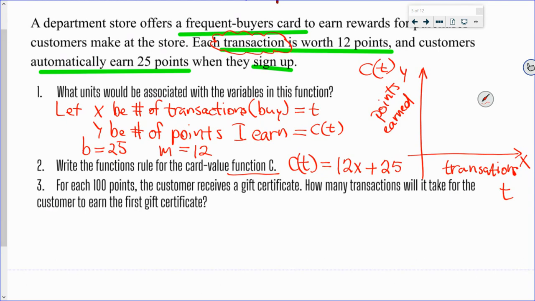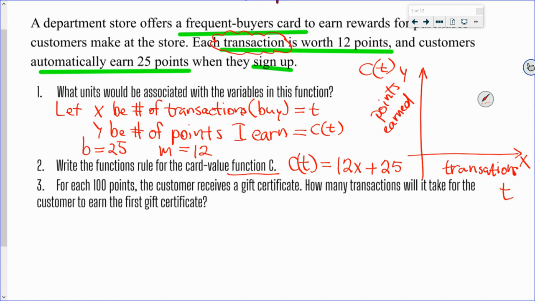It says, for each 100 points that the customer earns, they're going to get a gift certificate. How many transactions will it take for the customer to earn the first gift certificate?